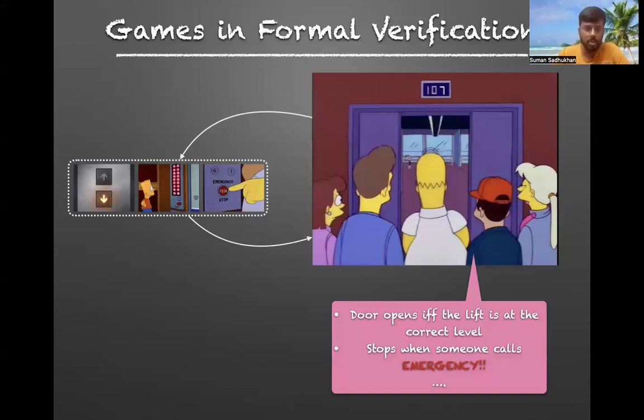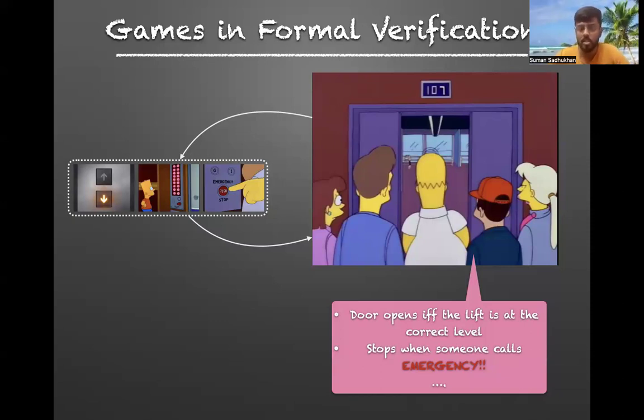So why games in verification? I don't think this community needs an introduction for this, but still, for the sake of completion, I'm just giving one. So we know when we have a system which interacts with an external environment, we are often asked to model the system in a way such that it satisfies some given condition.